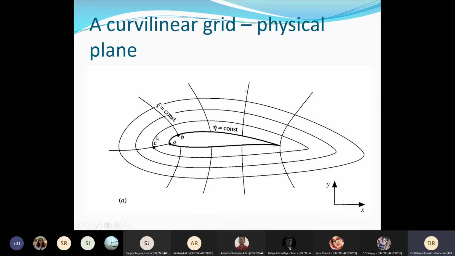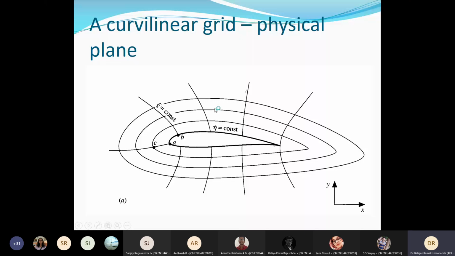And lines parallel to the y-axis have x equal to constant. Similarly, here these lines are xi constant lines. The curvilinear lines, the curved lines around the airfoil, are eta constant, whereas lines almost perpendicular to them are xi constant lines, almost orthogonal to these.